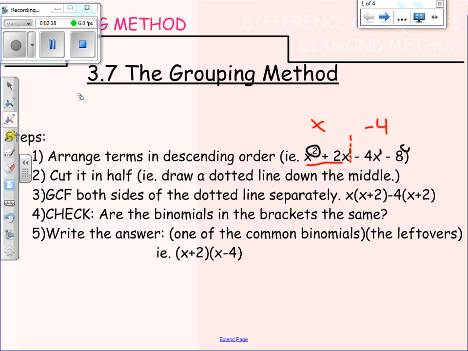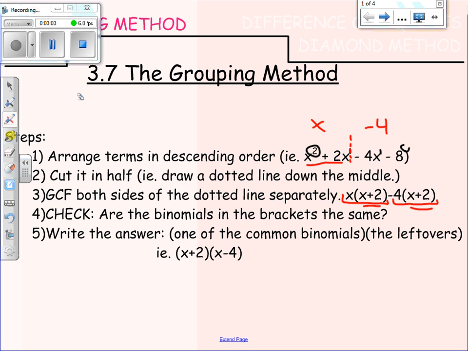So you'll write it out like this. Like that. We took our x out of the first 2 terms, and we took our -4 out of the next 2 terms. And you should notice that the binomials are the same. The x plus 2 is the same as the x plus 2 here.